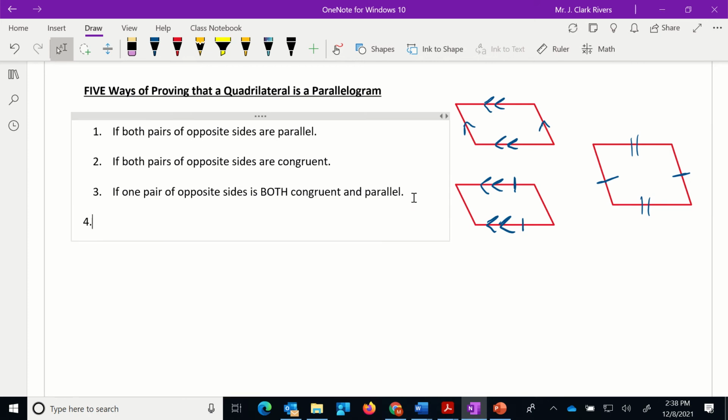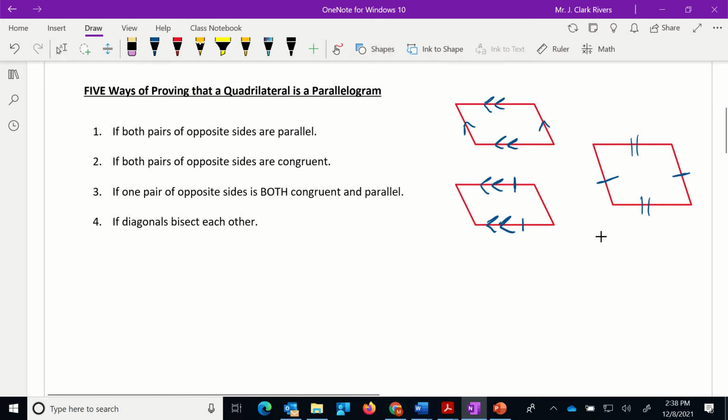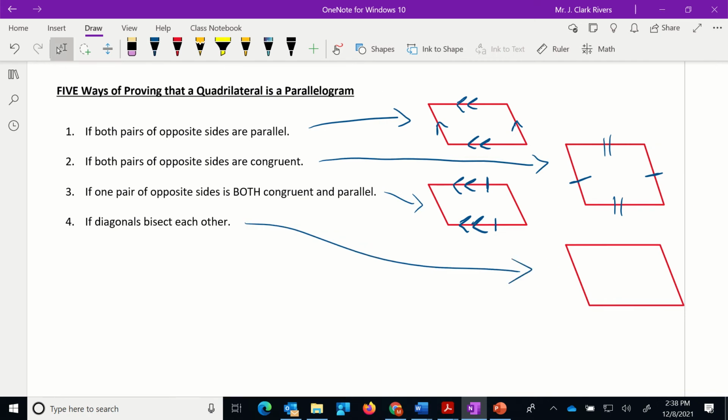Number four, if the diagonals bisect each other. So if the diagonals bisect each other, let's get some diagonals going here.